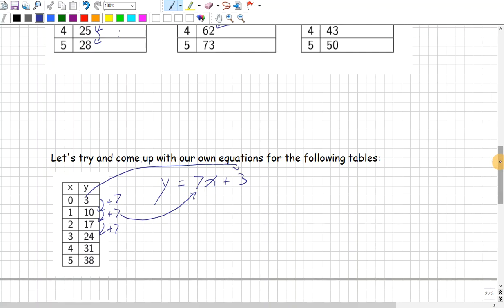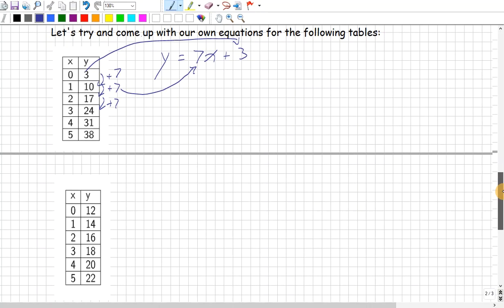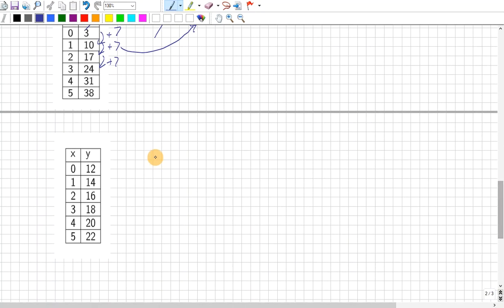Let's do a couple more, and then we'll be done with this lesson. See if we can find the patterns here. I'm going to start with my equation, y equals something times x plus something. So what is this going up by every time? 12 to 14 to 16 to 18. That is going up by 2. So the value that goes in front of the x is a 2.